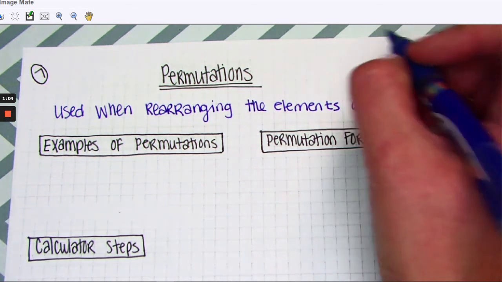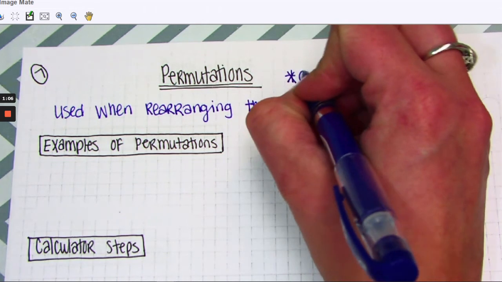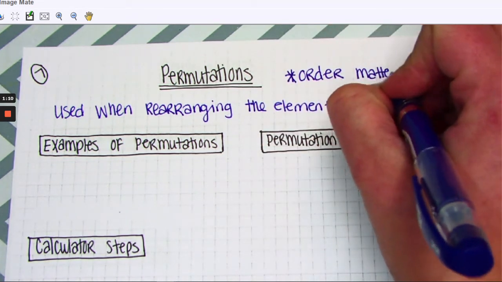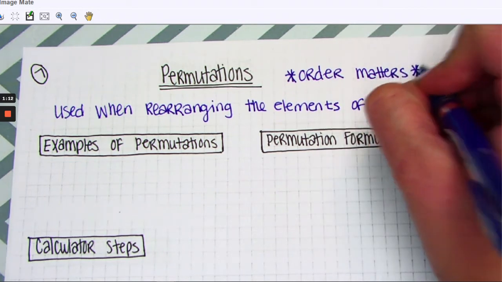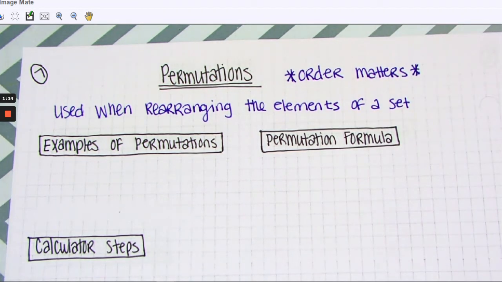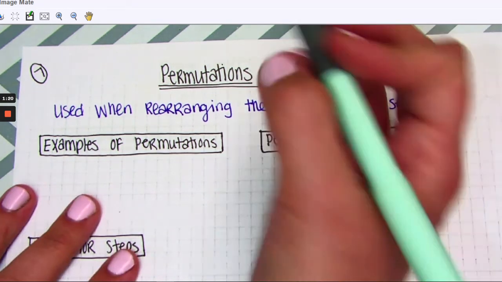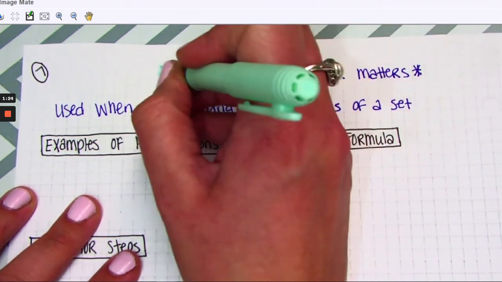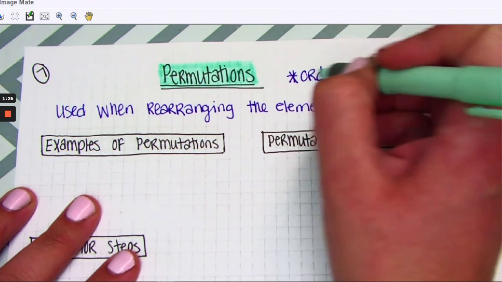The key with permutations is that the order matters. And tomorrow, when we talk about combinations, order doesn't matter because you're just grouping things. So if the order makes a difference and changes the outcome, you would use the permutation function on your calculator.